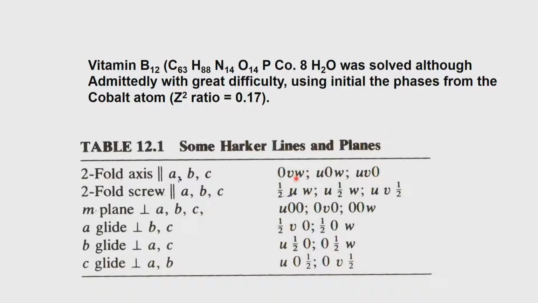The Harker plane will have information about the two-fold axis. There will be a peak corresponding to V and W in the projection down x. That means we now look at this plane 0 v w in the vector map. It will give us the solution for V and W for every atom in the Patterson.